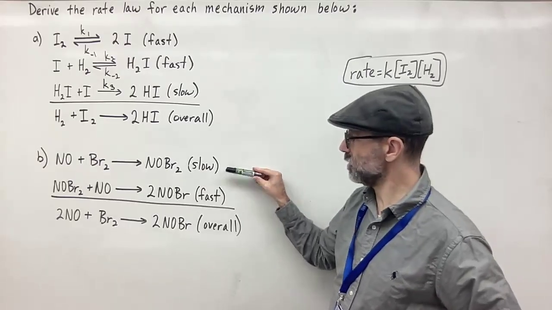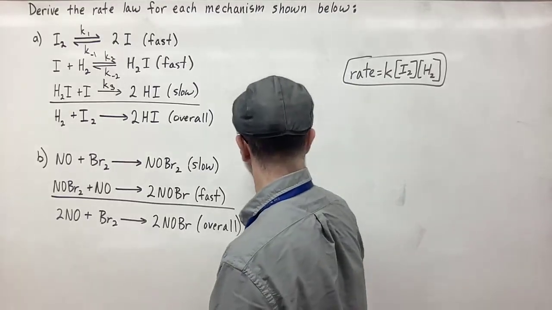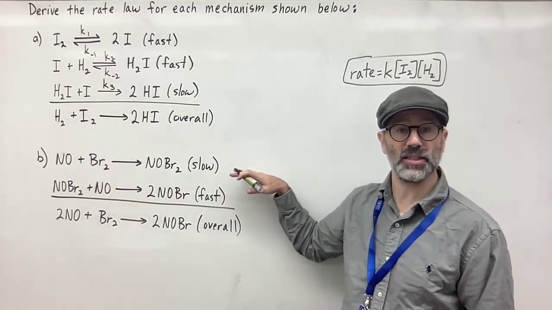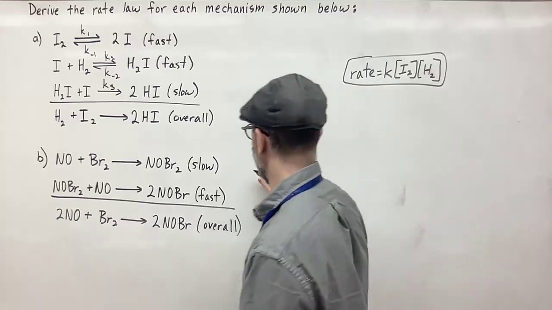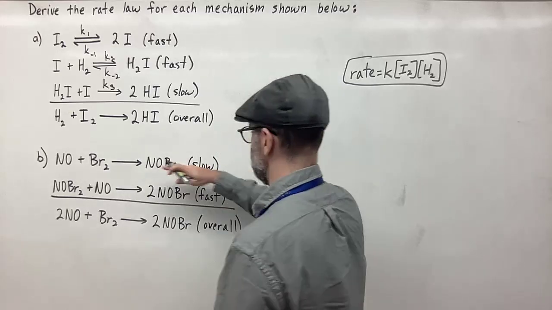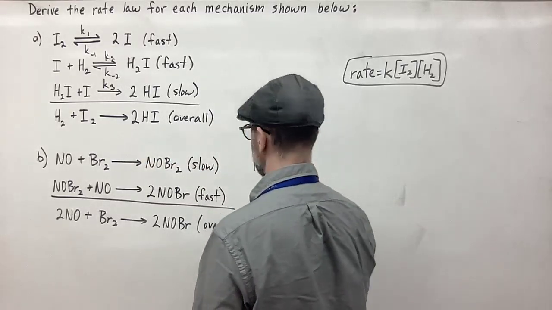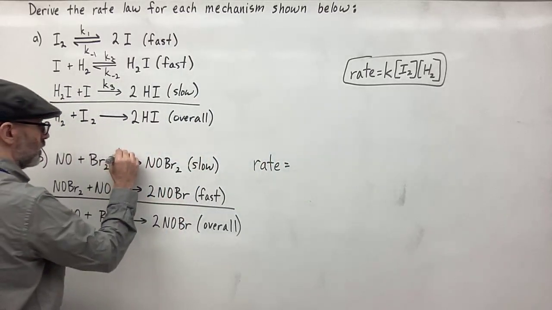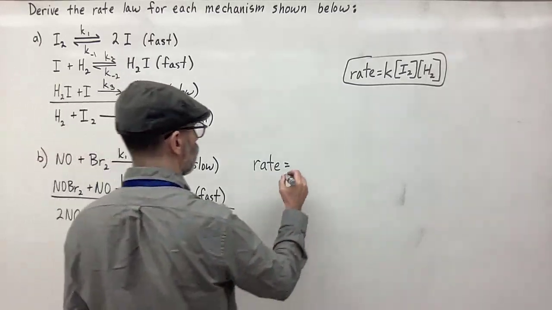And so if it's the first step, that makes things easier because notice what happens. We always start with the rate law for the slowest rate determining step because, again, the slowest step is the one that determines the rate law of the whole reaction. So here, the rate law of this elementary step is going to be rate is equal to, and there's no equilibrium here, so we could call this K1.